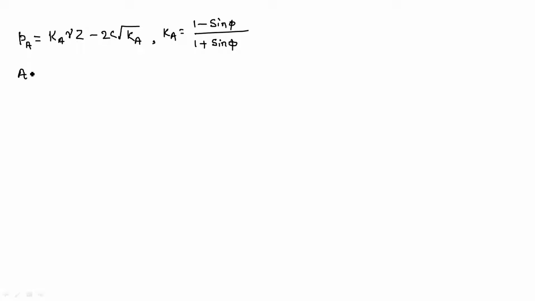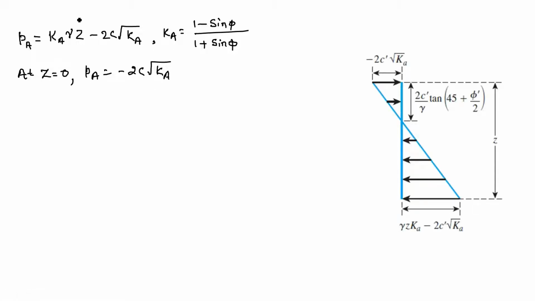So if we find the active earth pressure at the top of the retaining wall, that is at z equal to 0, we will get Pa with the first term as 0. Why? Because z equal to 0, then the first term will be 0 and we will have Pa as minus 2c root over K. If we draw the pressure diagram of this active earth pressure, we will get the figure like this.